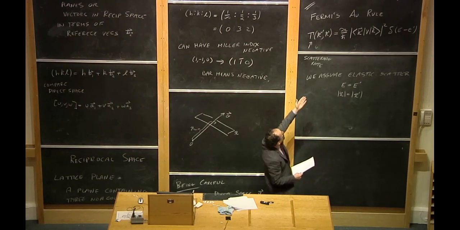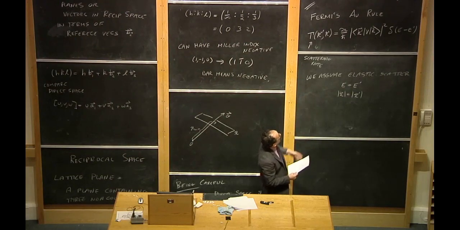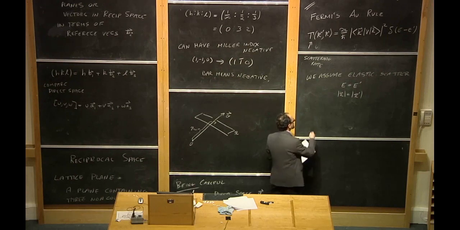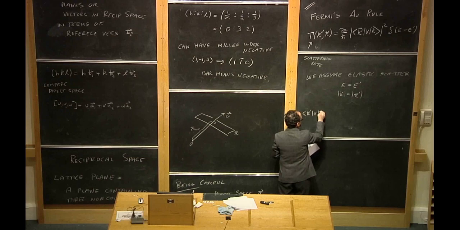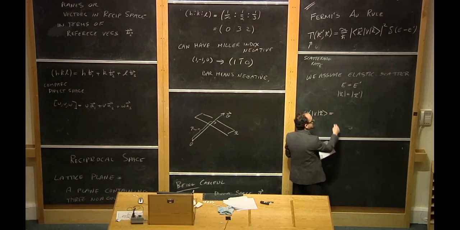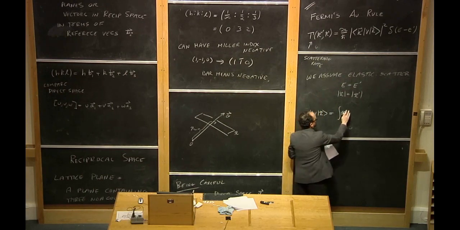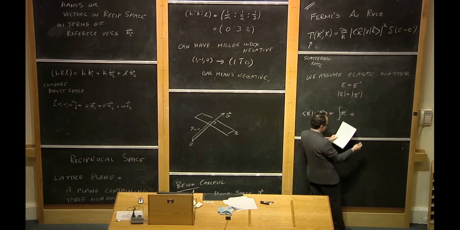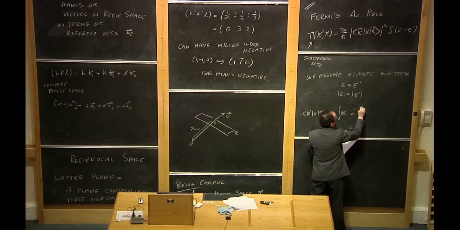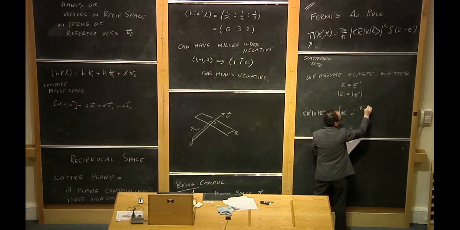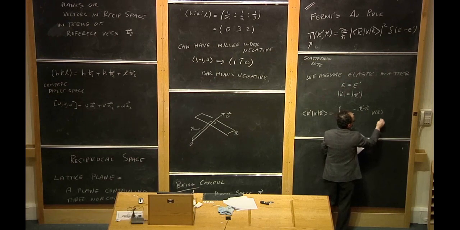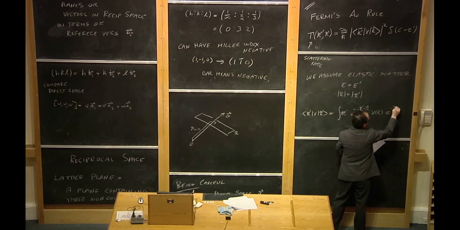And the only thing that's difficult in that expression, Fermi's golden rule, is the matrix element. So let's write out the matrix element. So we have k prime V k equals what? Well, we'll use the real space representation of these kets. It's the integral dr of e to the i k prime dot r times V of r times e to the i k dot r.